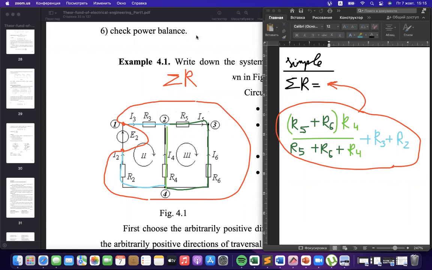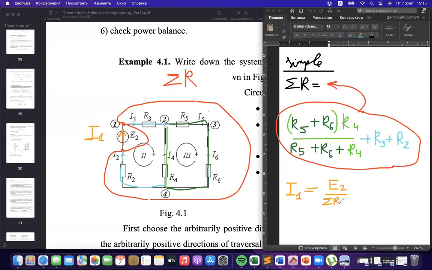Then, after that, we could find the total current through the source. Let's name it I1, as the electromotive force over the total resistivity. It will be here.